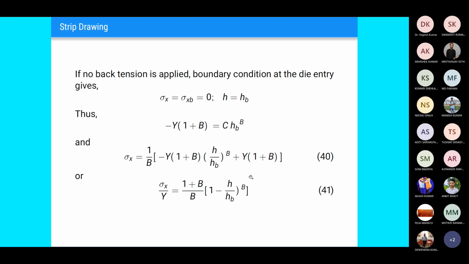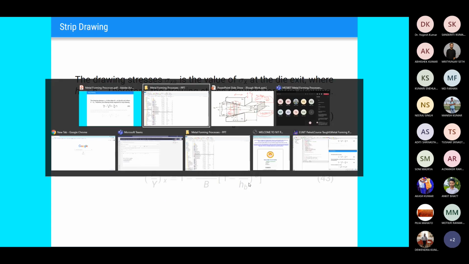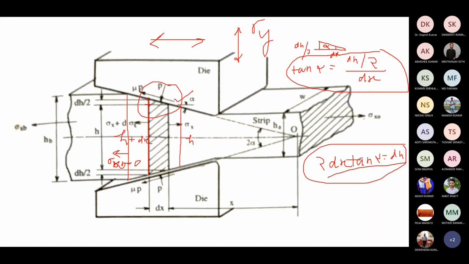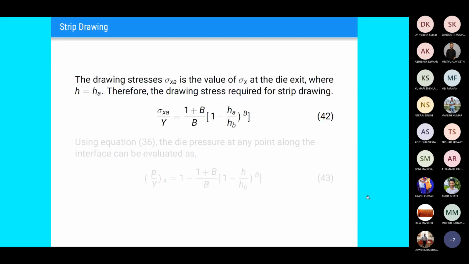Now let us try to see the drawing stresses. sigma xa is the value of sigma x at the die exit. So what is the value of stress at the die exit? It is sigma xa. At the exit point, the height h is equal to ha. If you put this value in, you will get the same expression.